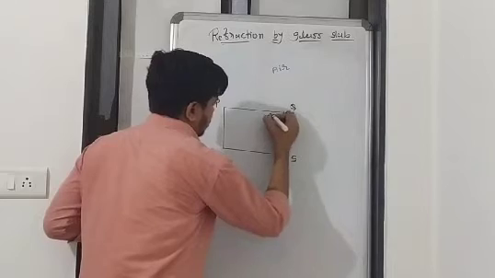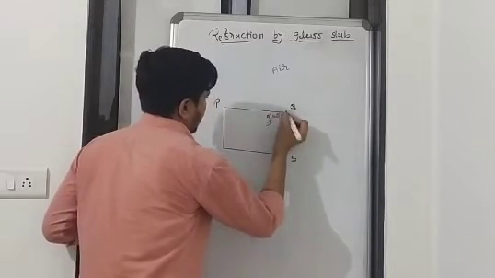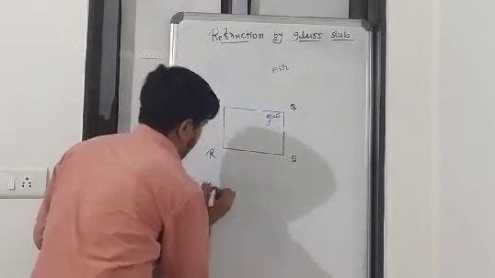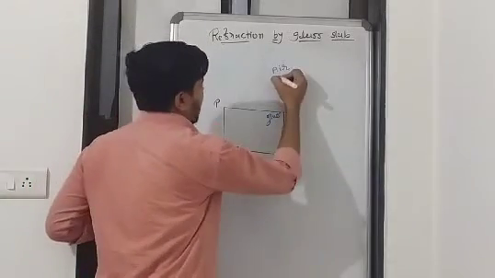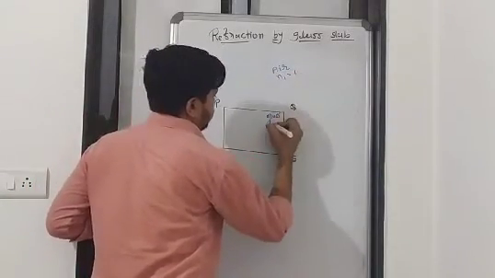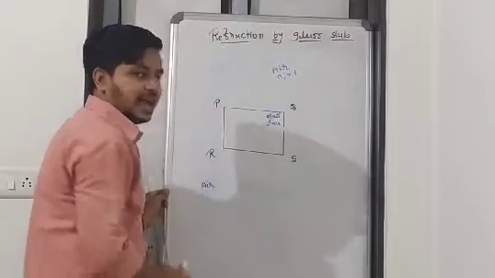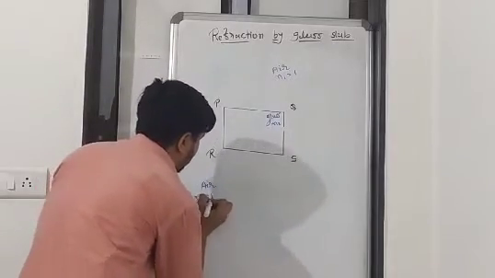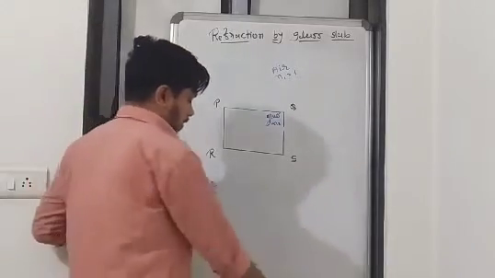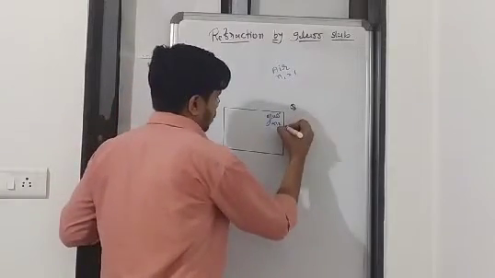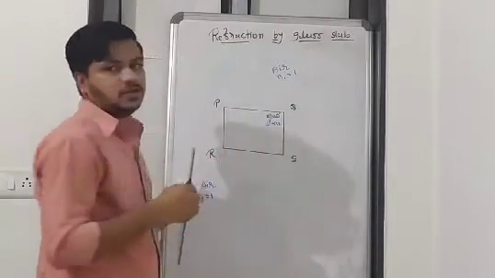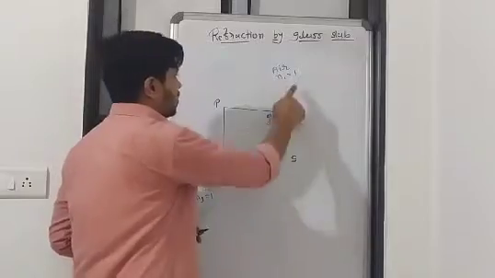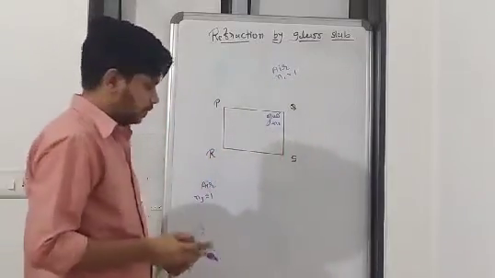Here it is glass and here it is air, right? If air is N1, then N1 equals 1. Here it is N2, and here if it is N3, then N3 is equal to 1, right? Because the refractive index of air is always the same. So if it is 1 here, then here it is also 1.